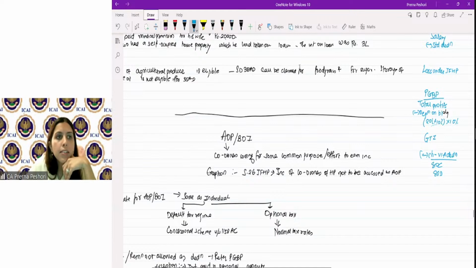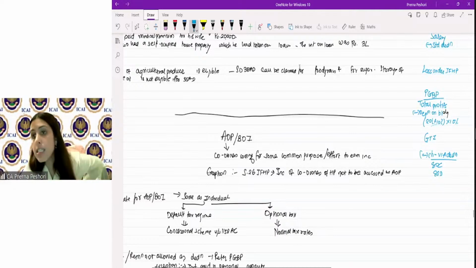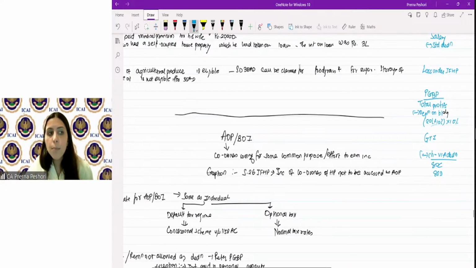How will you calculate the tax? Do you remember the sum in the MAT? Yes, Geeta, correct. So then if I'm going with 115BAC, is this computation that I've made in alignment with 115BAC, Geeta? Is this the computation that I've made as per section 115BAC?